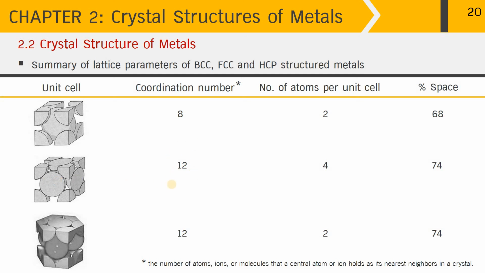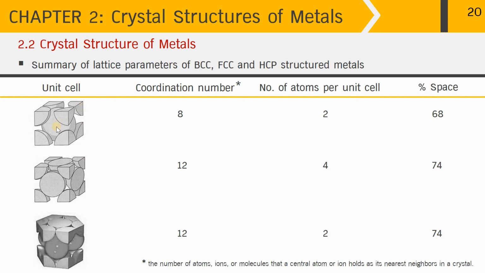We have a coordination number of 12 with 4 atoms per unit cell, and this will occupy 74% of the space within the cube. And for HCP crystal structure, we also have a coordination number of 12, as it is also a closely packed structure, with 2 atoms per unit cell that will give 24% of the space occupied by the atoms in the unit cell.